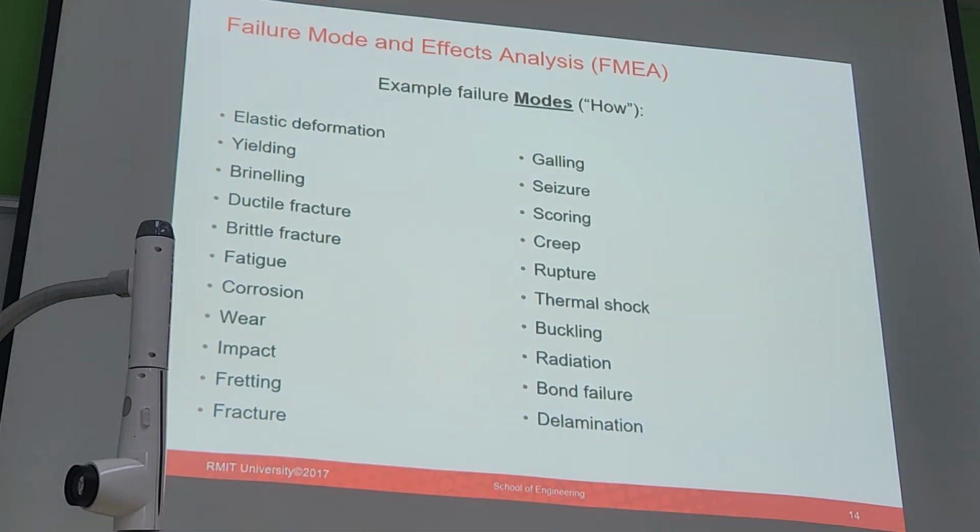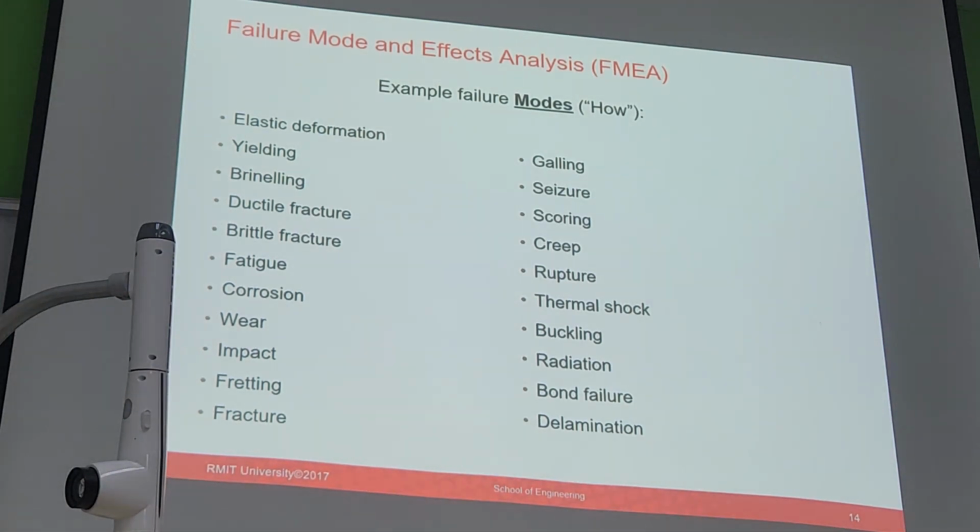Is this failure list finished? No. I just brought some of them for you. In the final exam, I give you these failure modes. You can go to the appendix and see what modes we have. But if you ask Hamid, is it all of the failures? No.